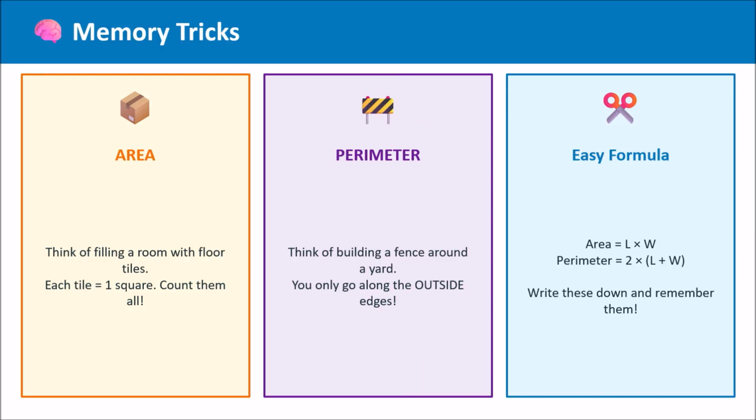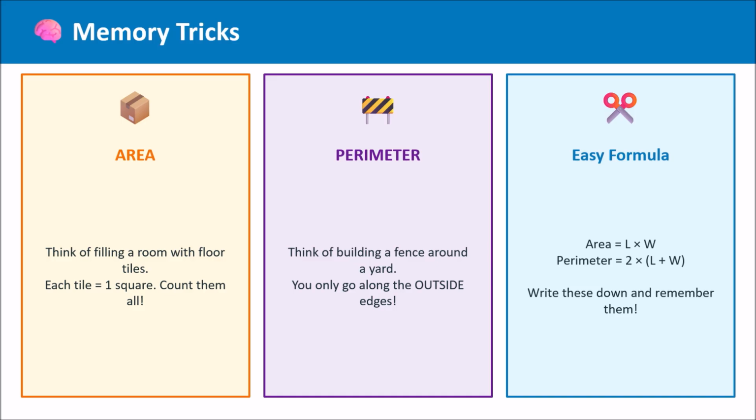Before we wrap up, for the area, imagine you are tiling a floor or you are coloring a wall. You need to fill in each and every single tile inside the room. That's the area, everything inside. Now for the perimeter, imagine building a fence around your backyard.